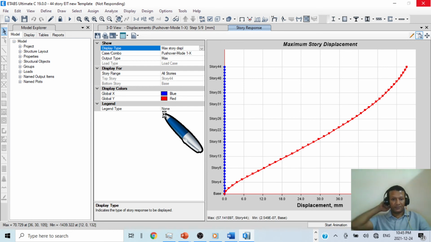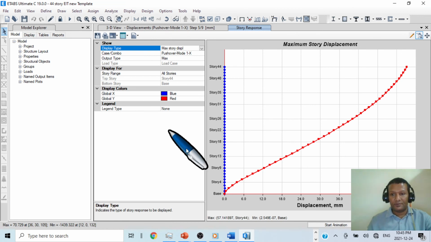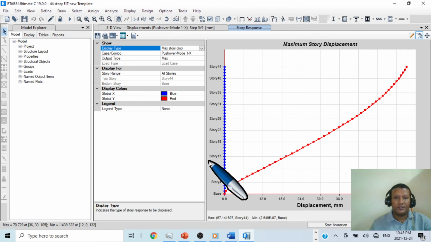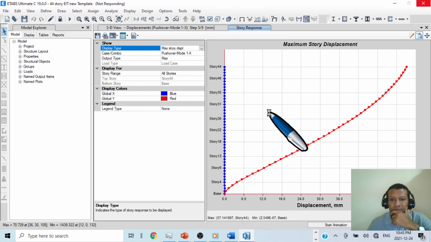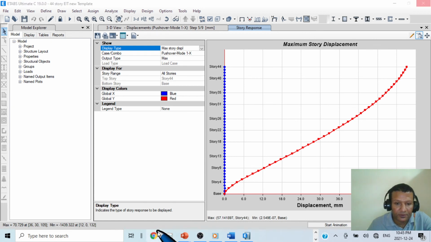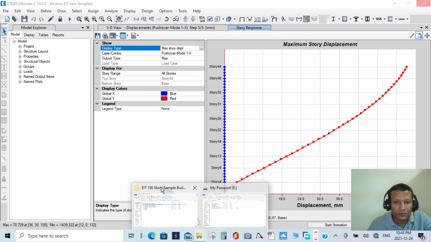It's extracting, but it will take time. I will show you the pictures also. This is story displacement. Okay, this takes time. I don't want to wait. I will show you the result.